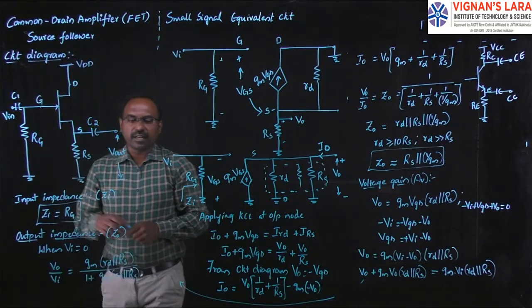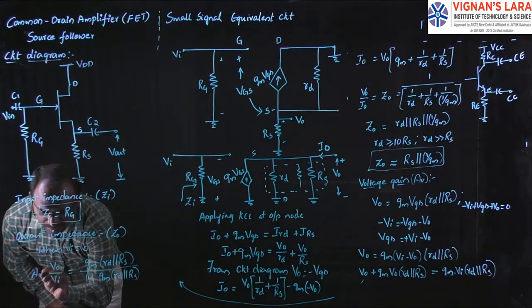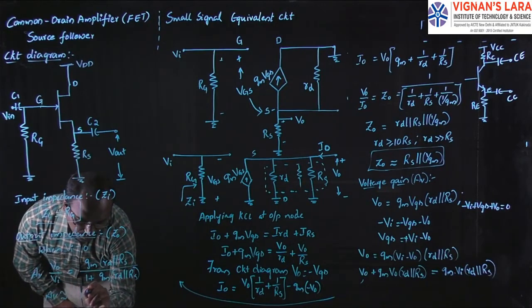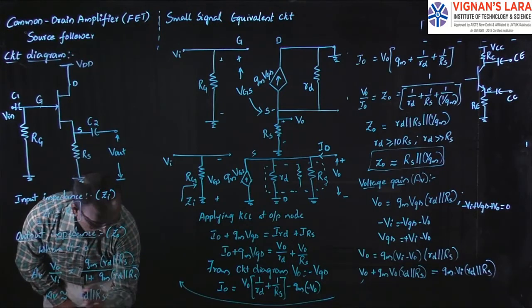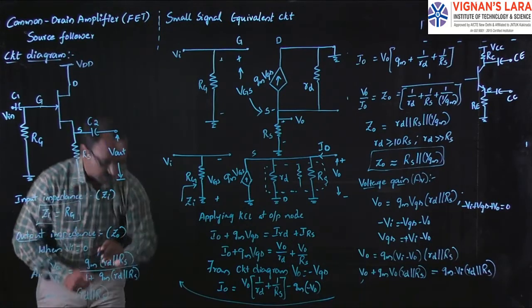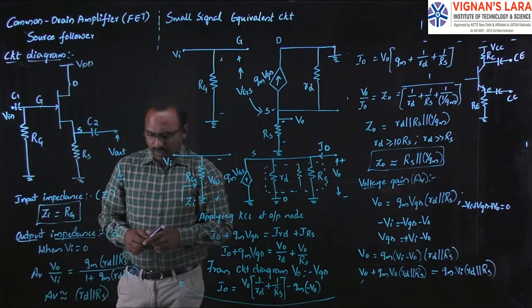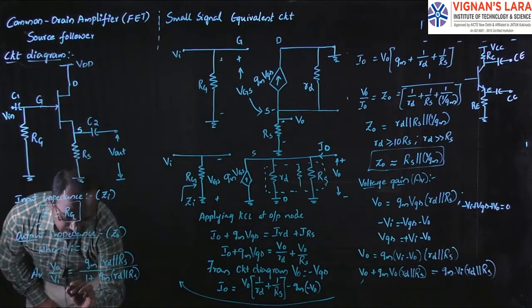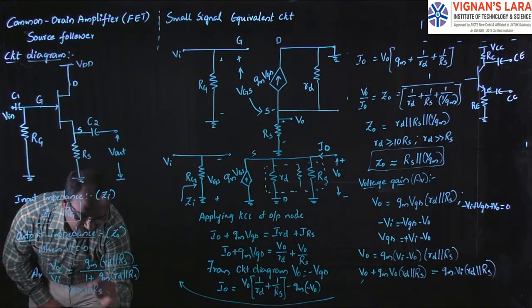This is the voltage gain expression for common drain amplifier. There is a small correction. Generally Rd will be greater than or equal to 10 Rs, very high value.